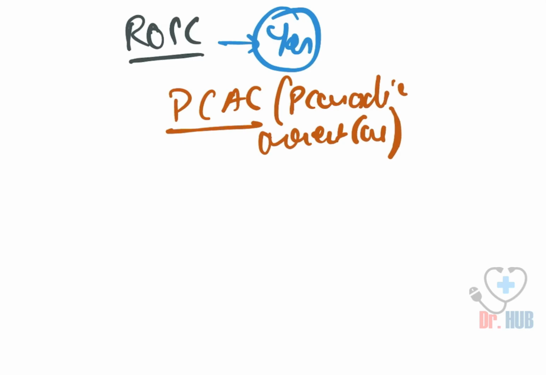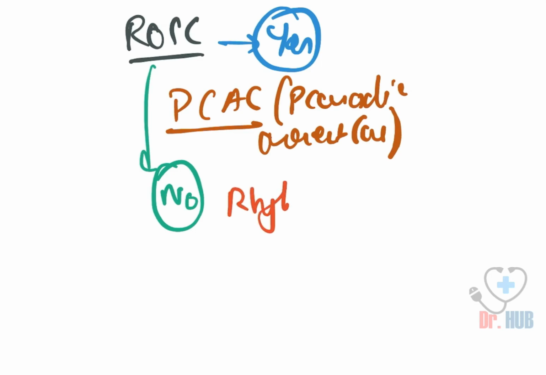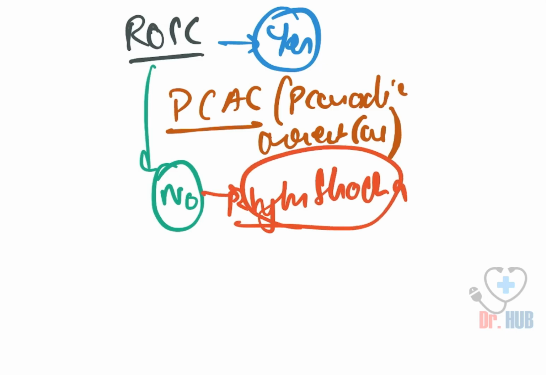Wherever it is positive, it goes to post cardiac arrest care. Then we look at the ROSC being no, there is no return of spontaneous circulation. In such a case, we check if the rhythm is shockable. This is also the same: wherever the ROSC is no, we always check for the rhythm being shockable or not.